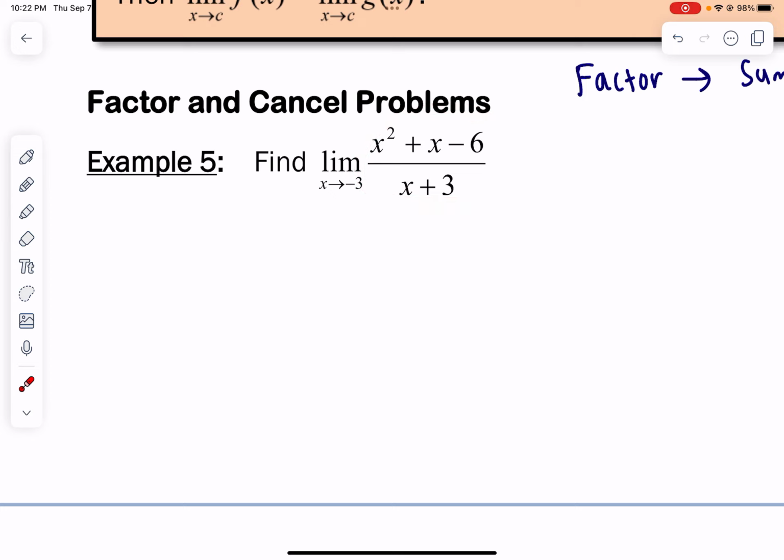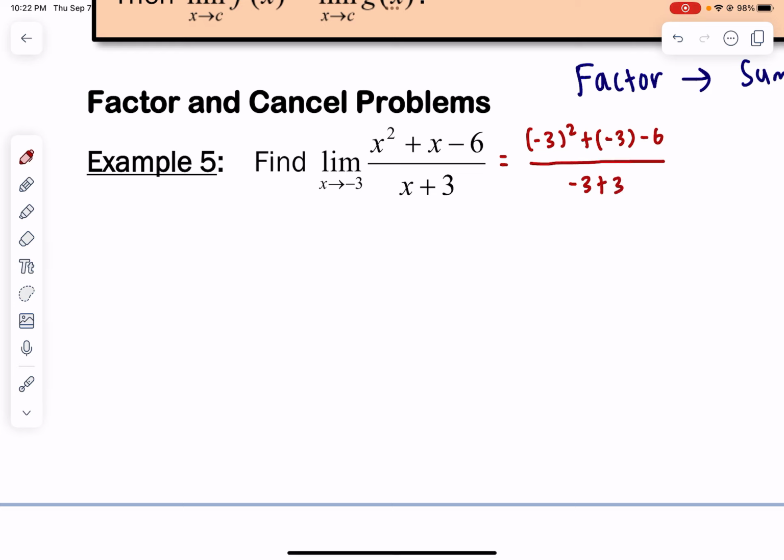Okay, so before we talk about factoring, one thing I want to point out here is what happens if we directly evaluate and plug in x equals -3 into this expression. Let's go ahead and do that and see what happens. So I'm going to plug in -3 for x just directly, and we'll see what happens.